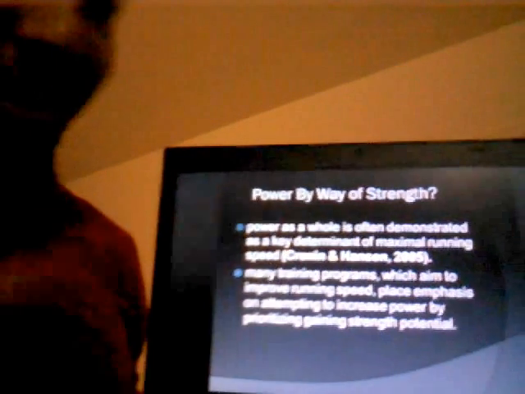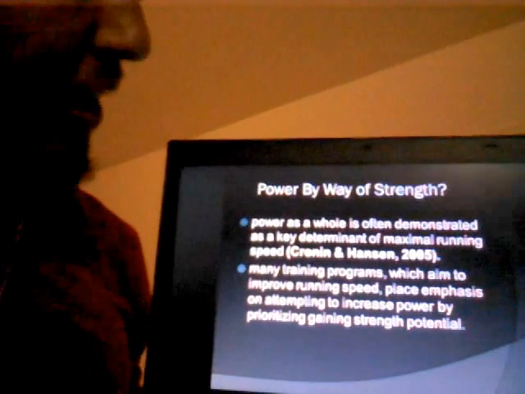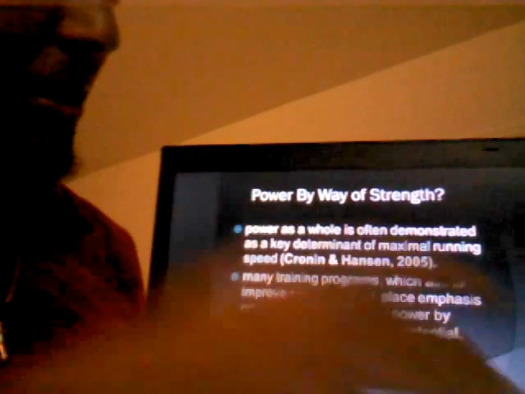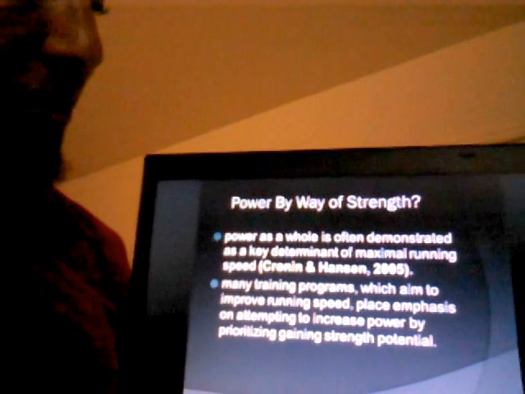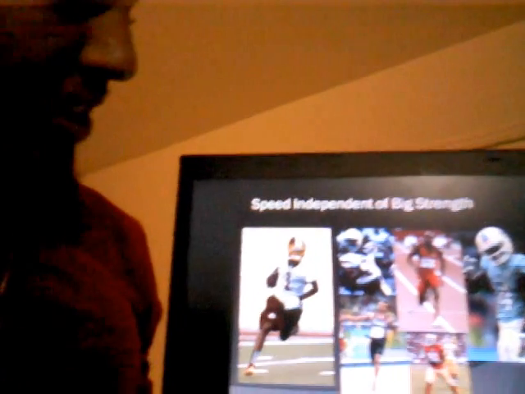And it's interesting because a lot of the difference goes contrary to this idea that strength is going to be a strong determinant of power.